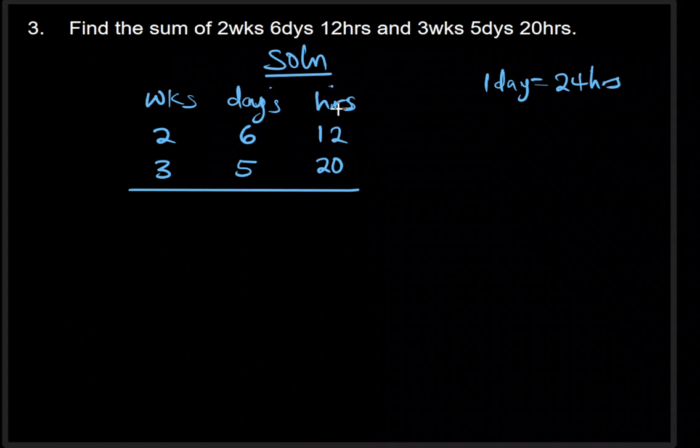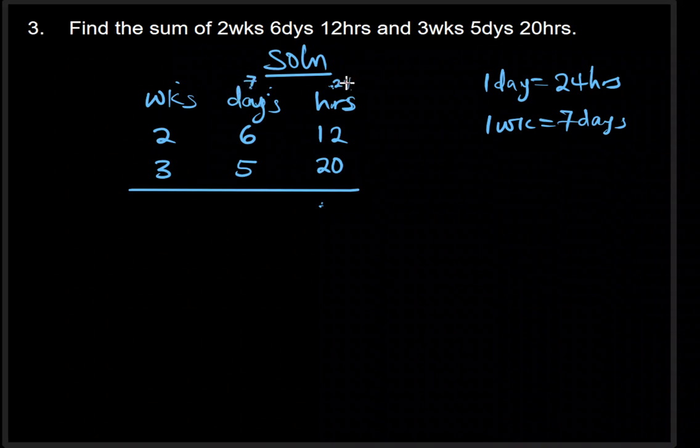So when I'm working on this one, if there's anything left, I'll be taking it to days. So I'm working on base 24. And when I'm now dealing with days, if I have anything left, I'll take it to weeks. So 1 week is equal to 7 days. That means for this one, I'm dealing with base 24, and for this one, base 7.